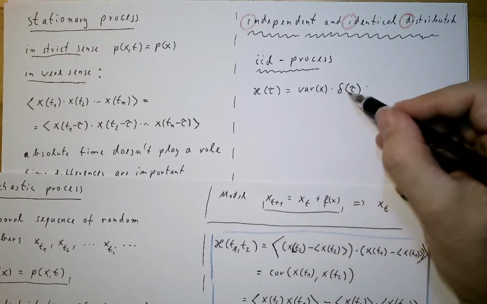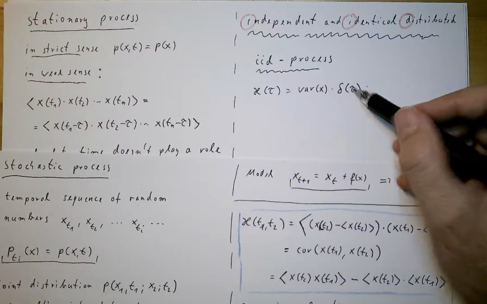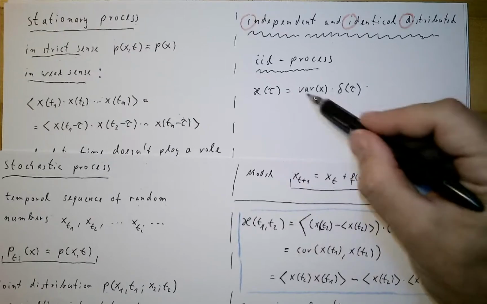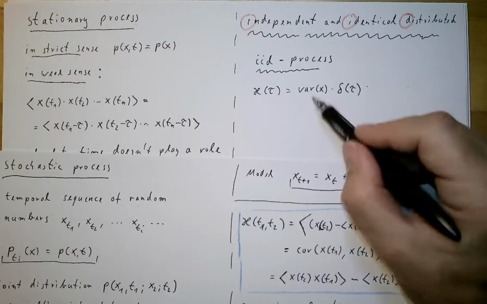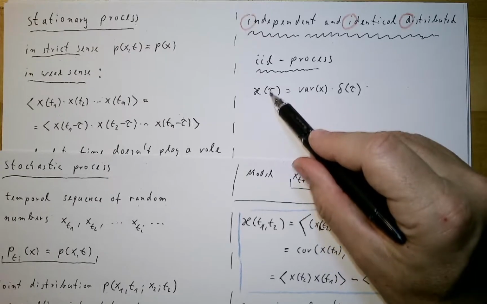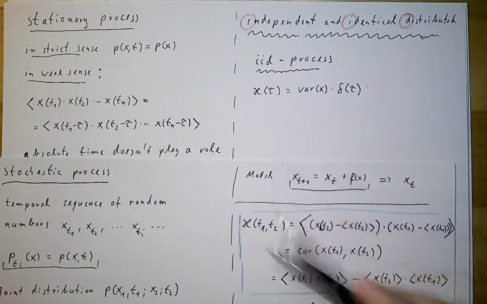And so now the delta function becomes important. So if the time difference is 0, we have the variance, and if tau is different from 0, we go to 0.